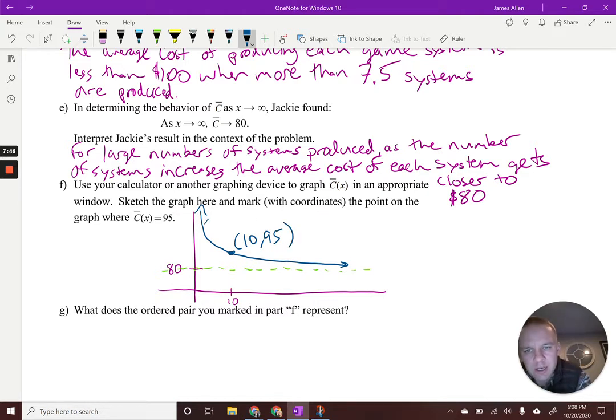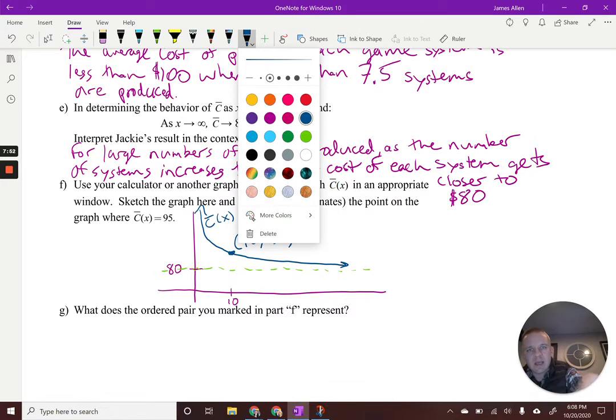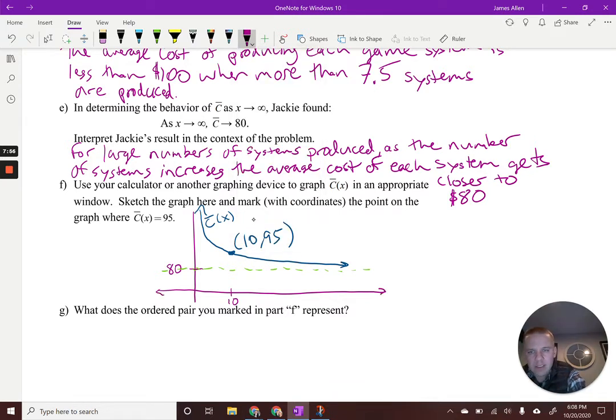Maybe I'll label this as our C bar of x. That's our function right there. I'm going to throw my arrows on my axes. This is my y. This is my x. Beautiful. There we go.